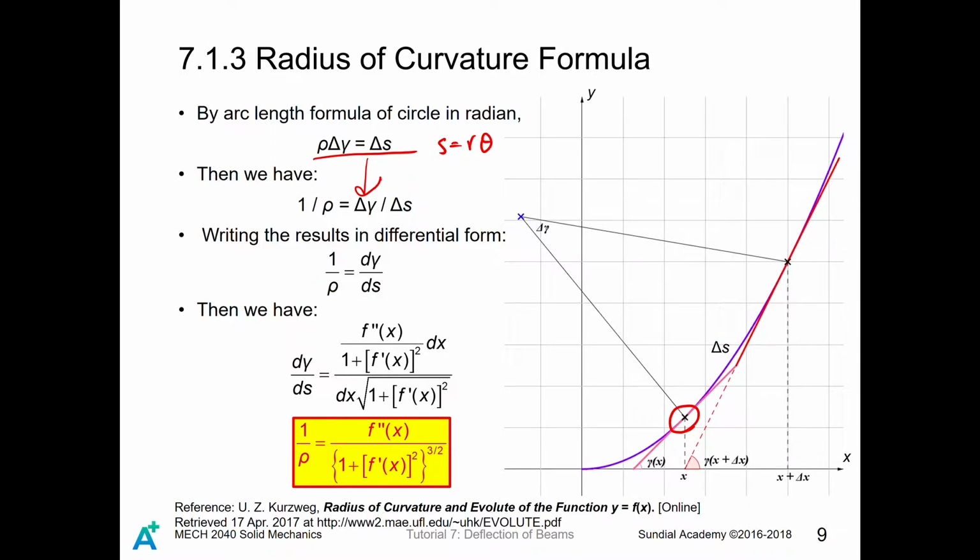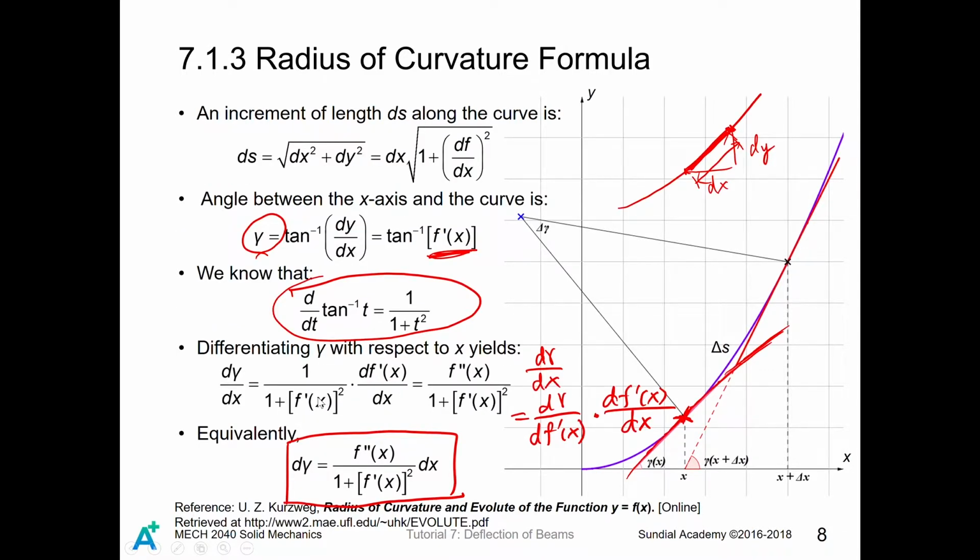From the previous slide, you know that d gamma equals to this whole bunch dx, right? But in the very beginning, we know that ds equals dx times square root of 1 plus f'(x) squared. Okay, we just write it in another form.